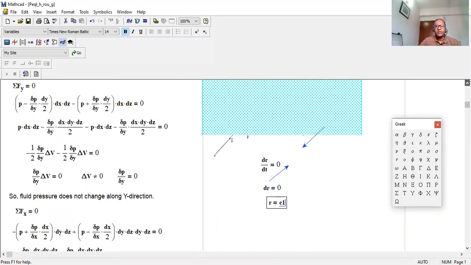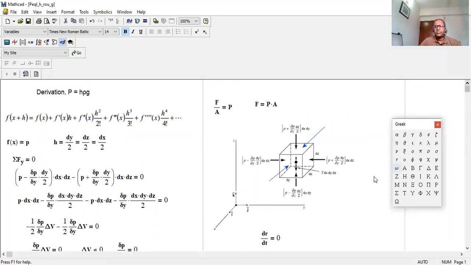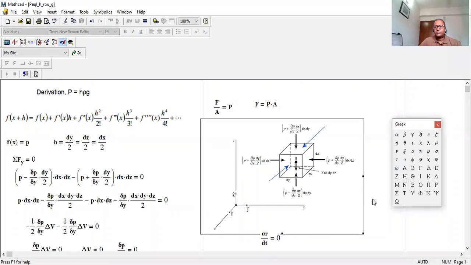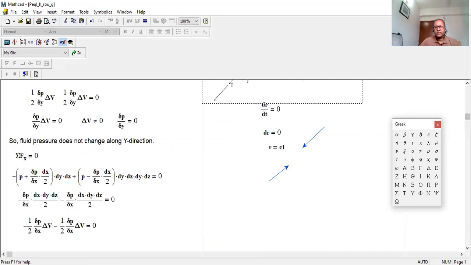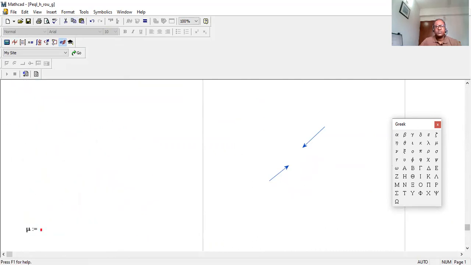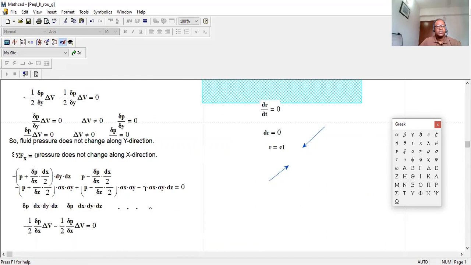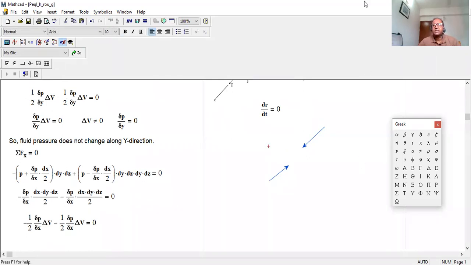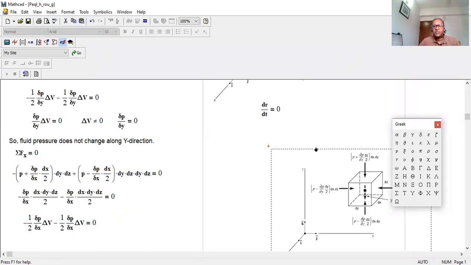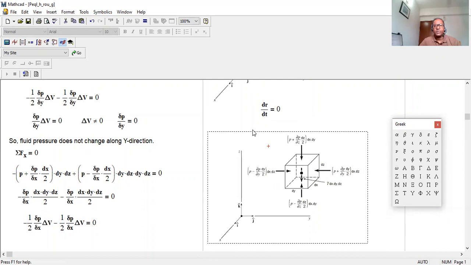Let me bring that figure to the bottom. Okay, so we are taking along the x direction.